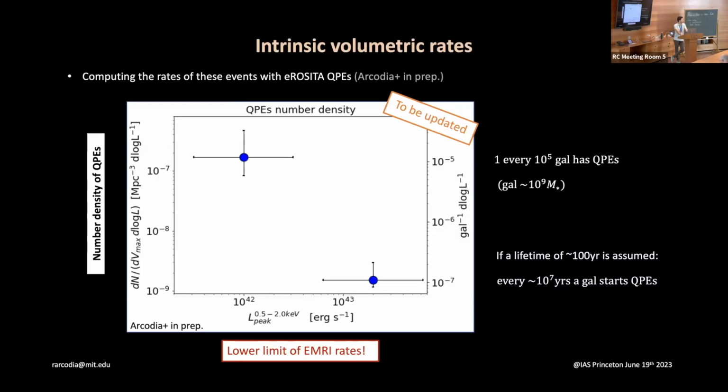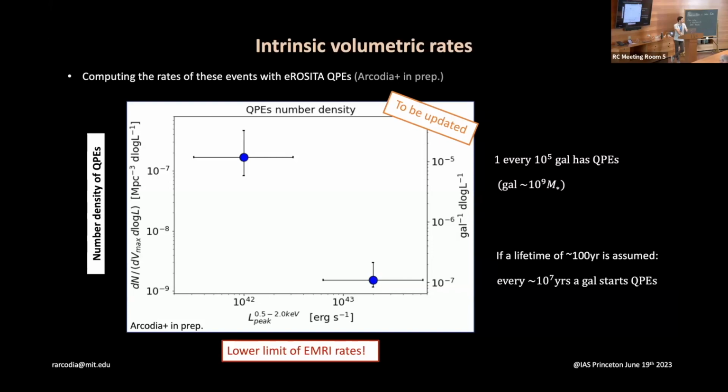There are other issues that arise if you try to invoke a massive companion like an IMBH. It's an indirect argument, but if QPEs are actually associated with an IMBH, and given the observed abundance of them, that would imply that the growth rate of supermassive black holes would be dominated by accretion of these IMBHs simply because of gravitational wave inspiral, and we can set constraints on that.